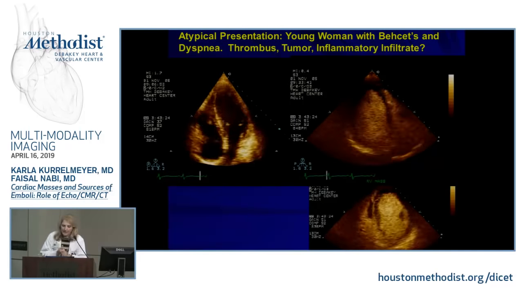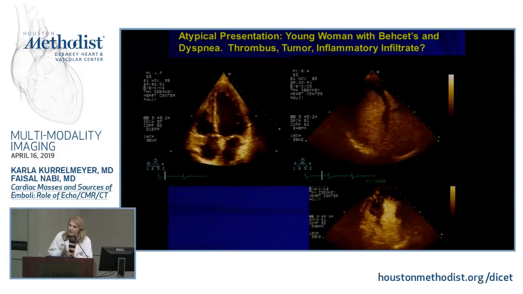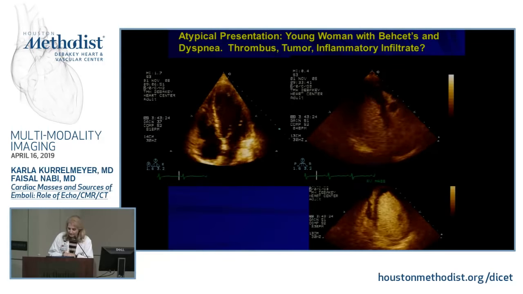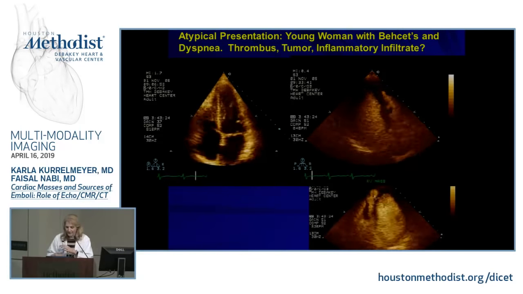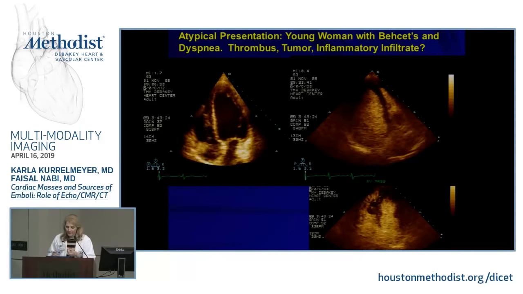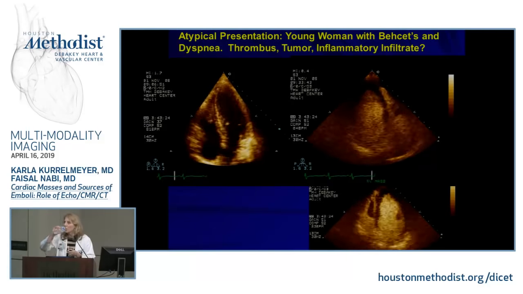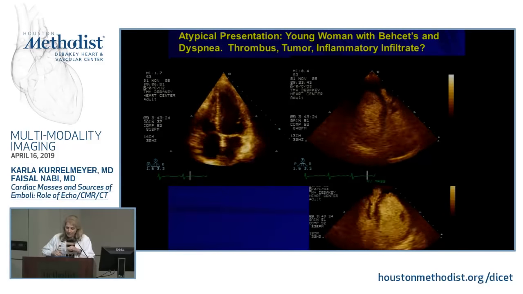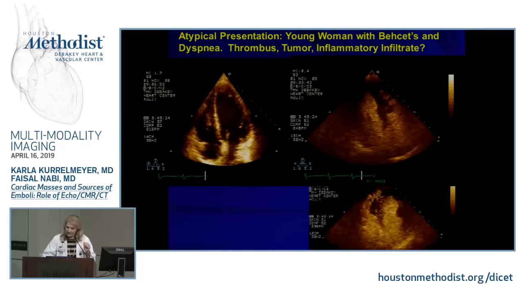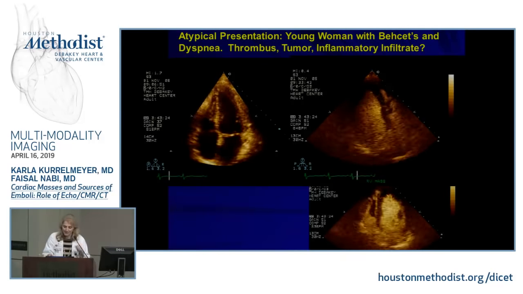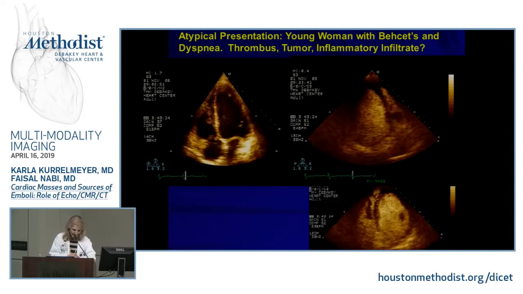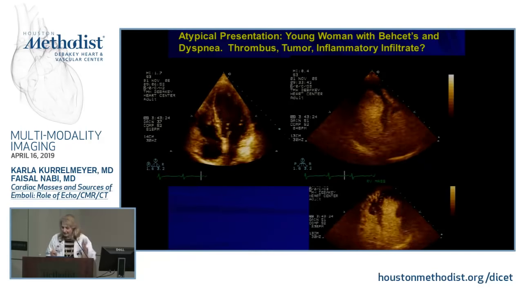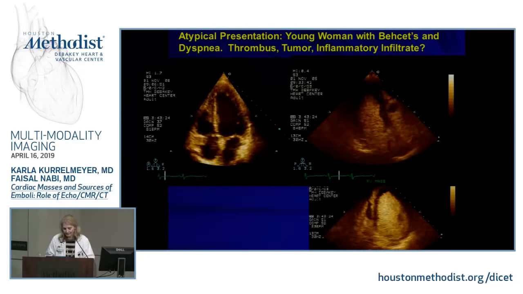So this is a young lady with Behçet's, which is an autoimmune inflammatory condition. And you can see that she has a very mobile mass attached to her chordae in her right ventricle. And the question was, what is that? And you can see there are very beautiful contrast-enhanced images. And you can see that that mass is very mobile and very adherent to those right ventricular chordae.